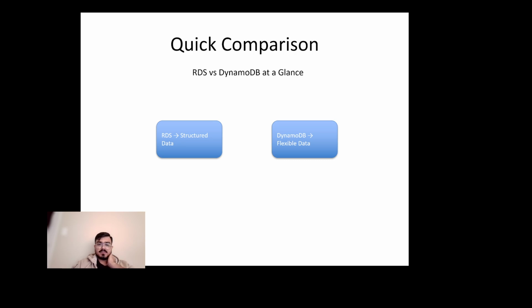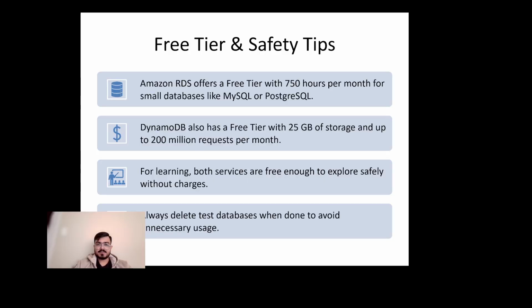If your data is flexible, fast changing, or user based, like social media profiles or app data, use DynamoDB. Both are managed by AWS, so you don't have to manage servers, just focus on your project. Let's see free tier and safety tips.